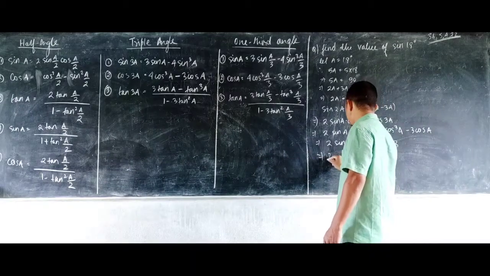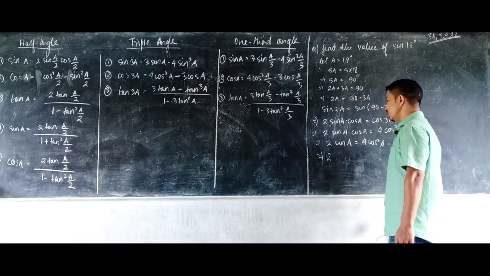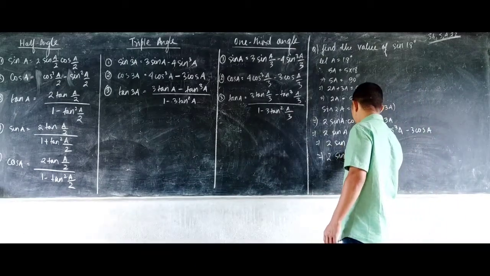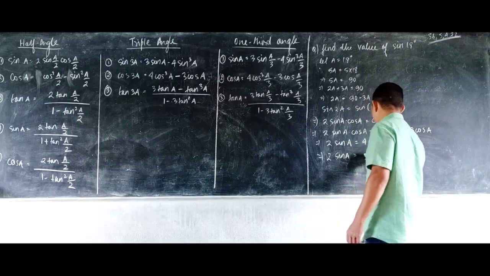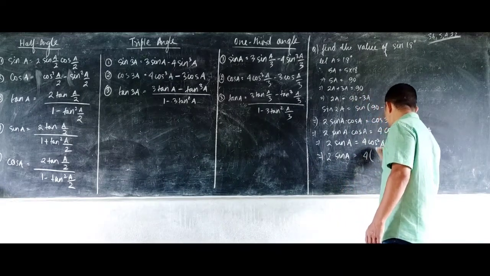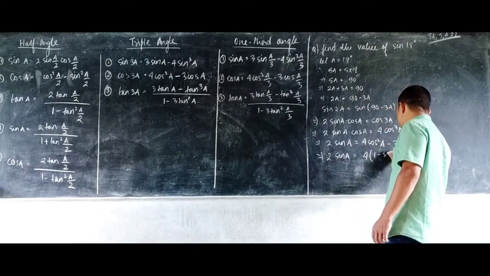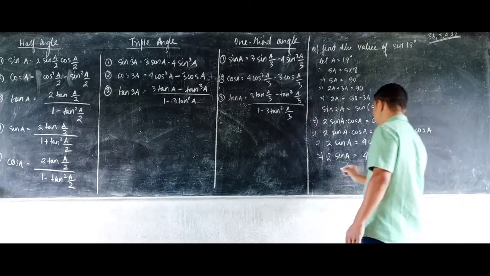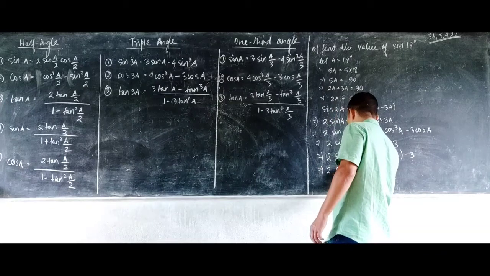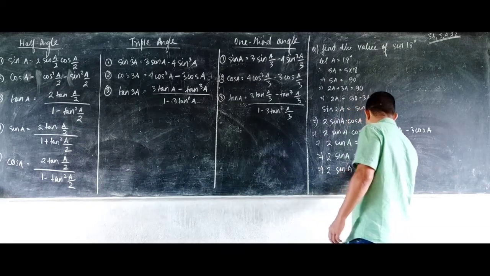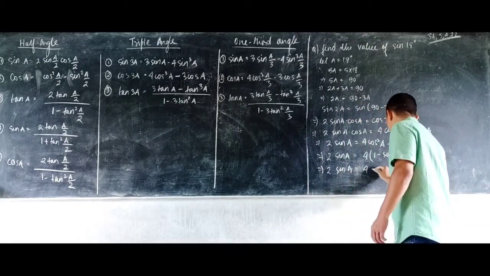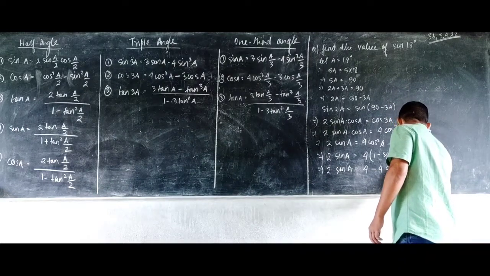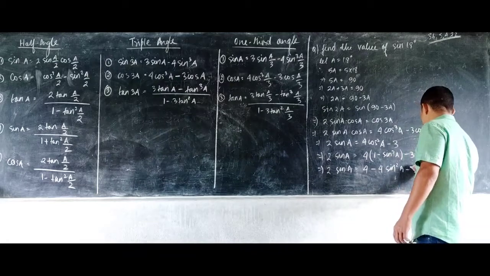Now what will I do? I will make a quadratic equation with sine as the variable. So 2 sin A equals 4 times cos² A, which can be written as 1 − sin² A, minus 3.